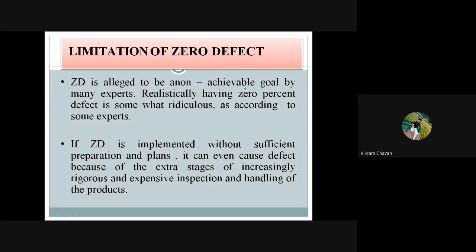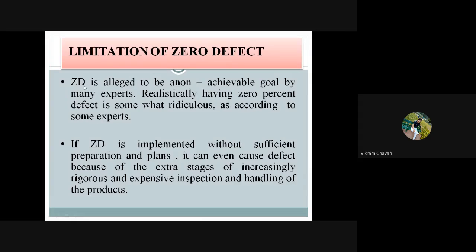Okay, so some experts are saying that zero defect is achievable, but some experts are saying that realistically having 0% defect is somewhat ridiculous. Some experts say it is a ridiculous thing that no company can achieve this terminology.